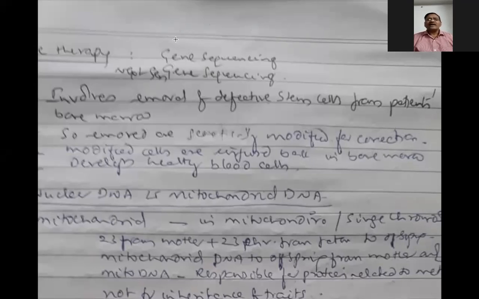Whereas nuclear DNA has 23 pairs of chromosomes. Here each mitochondria will have a single chromosome.